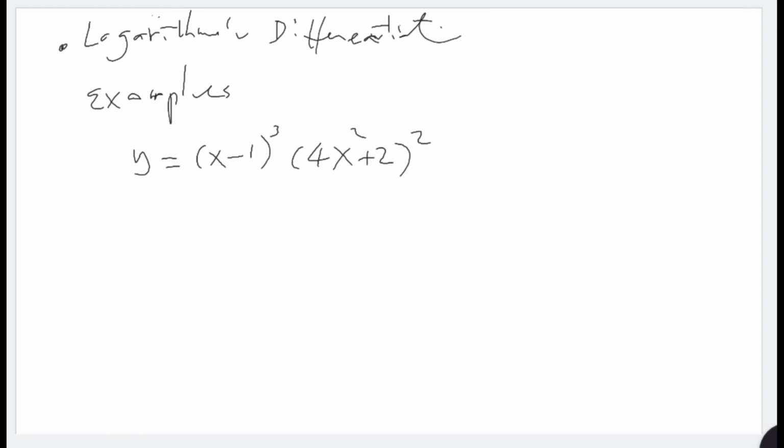Okay, so next we're going to see what we mean by logarithmic differentiation approach. It still involves log. The idea is we start with some complicated function without the log, like this.